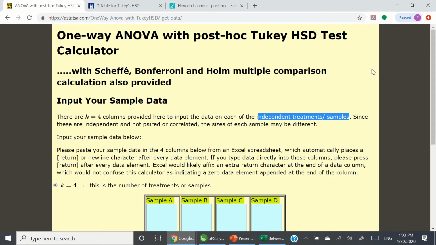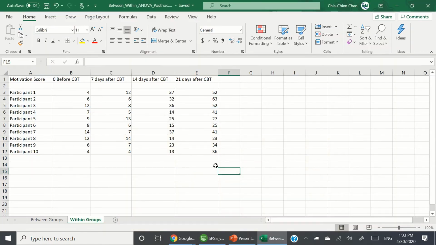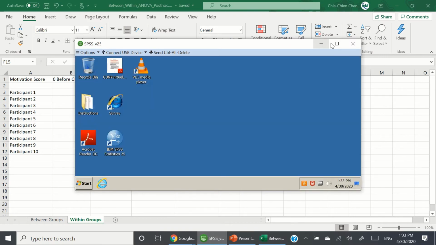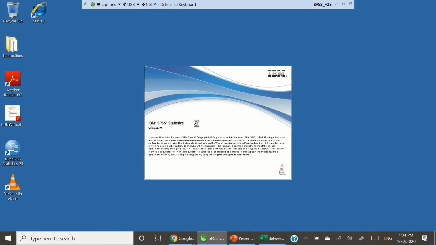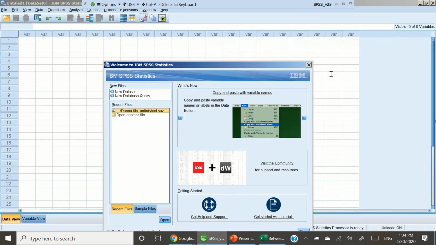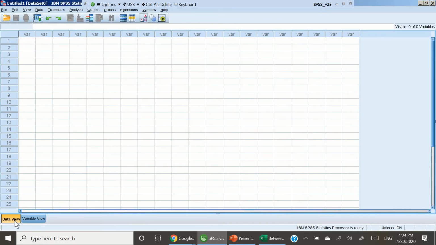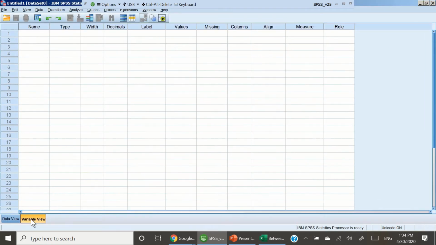So what you want to do then is go to SPSS, our good old friend SPSS, and open this. The way that you want to organize this is quite different in the variable view.